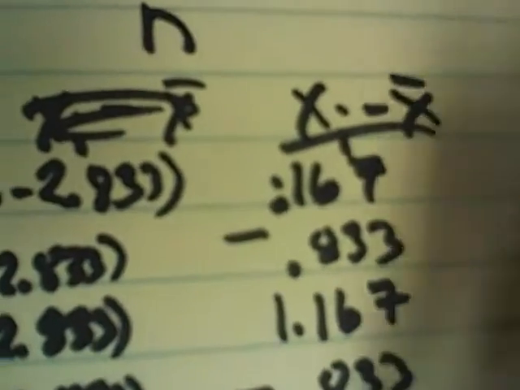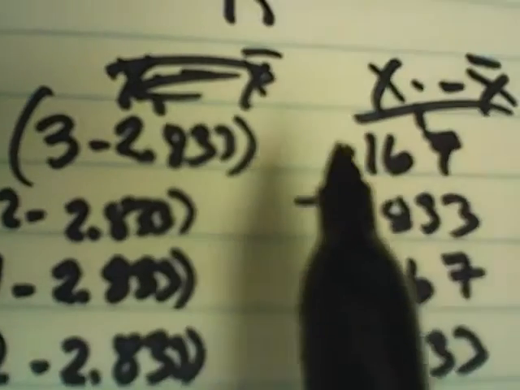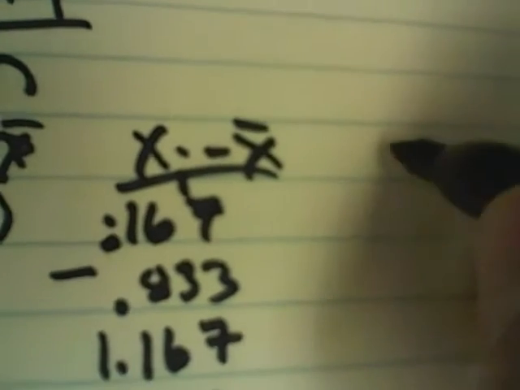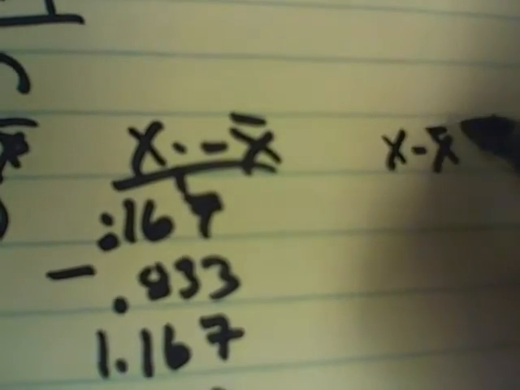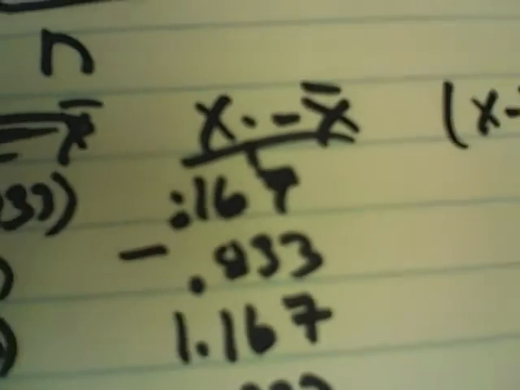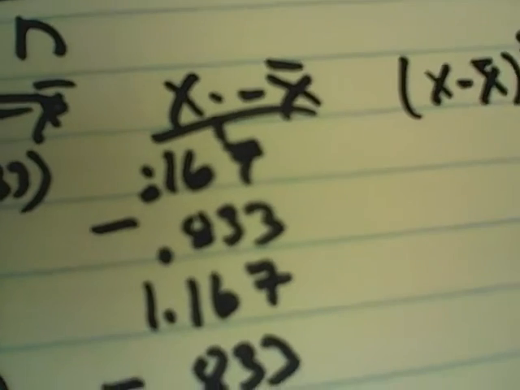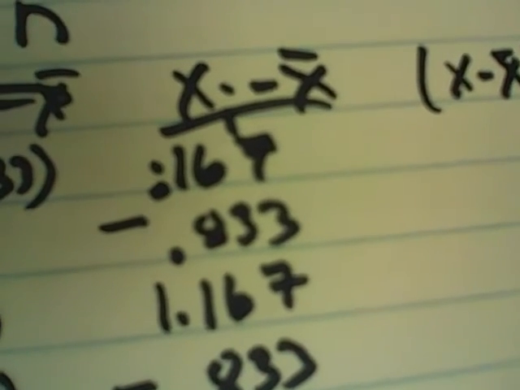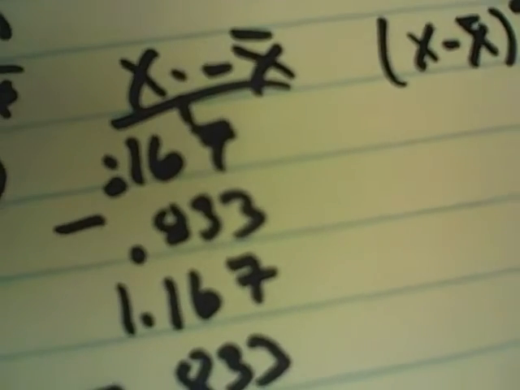The next thing I'm going to do is take these deviations about the mean, the distance between each observation and the mean, and square them. So x minus x bar squared. The first one I've got is 0.167, and we're going to square it.